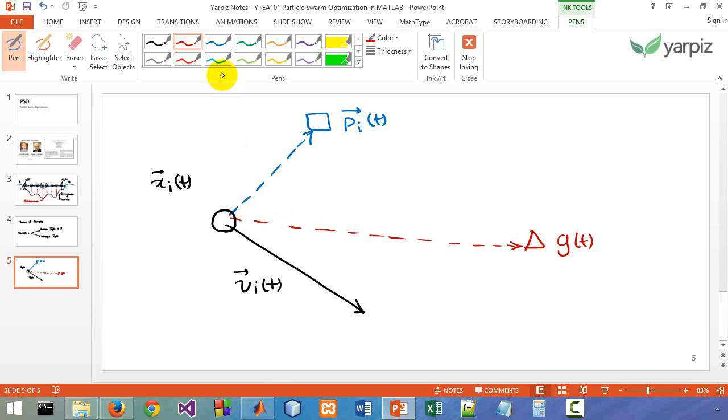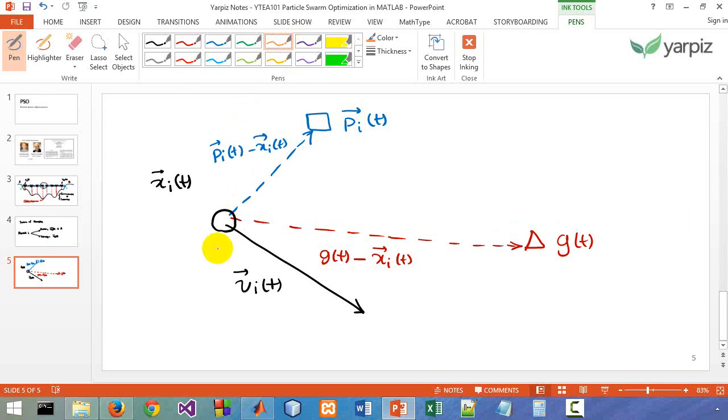If we'd like to write down the equation for this vector, it is obviously the end point minus the beginning point. So p_i^t minus x_i^t is this vector, and for this one it is g^t minus x_i^t.